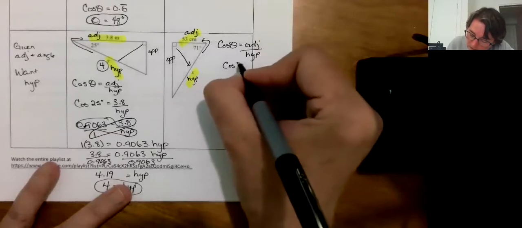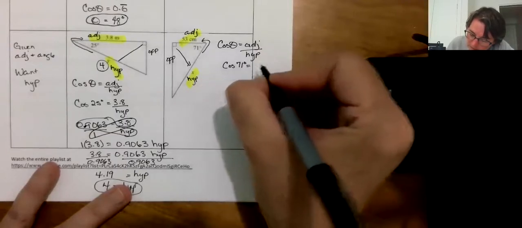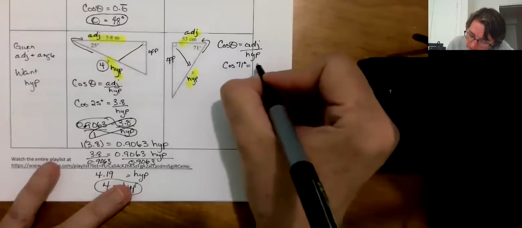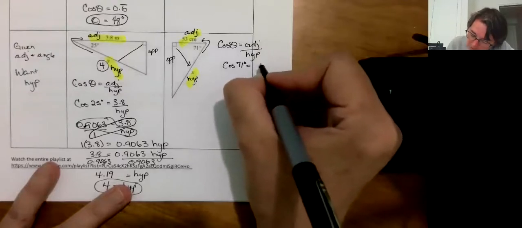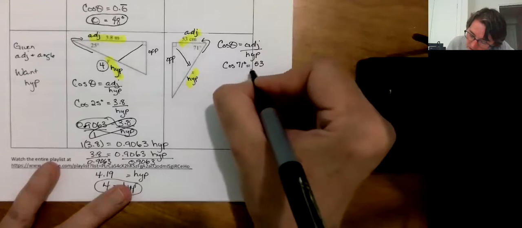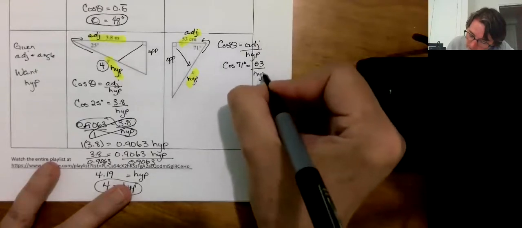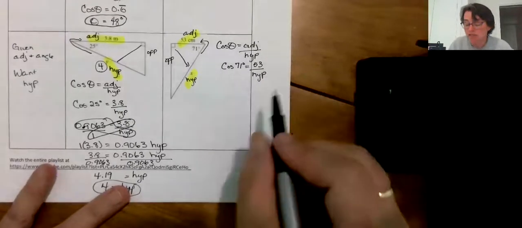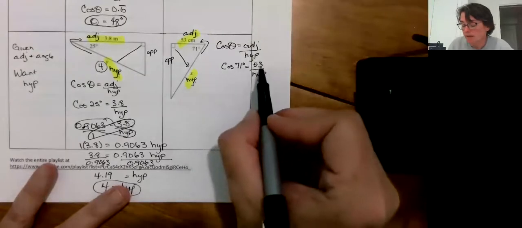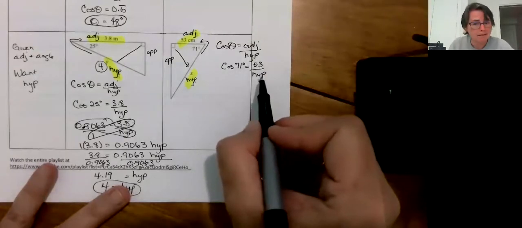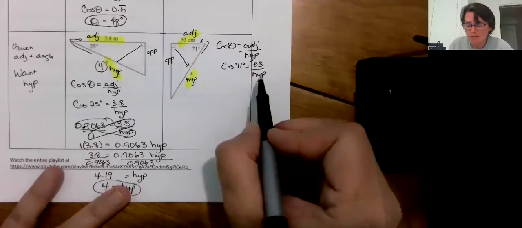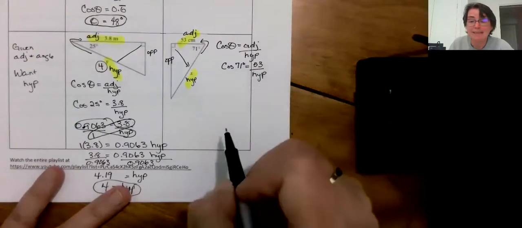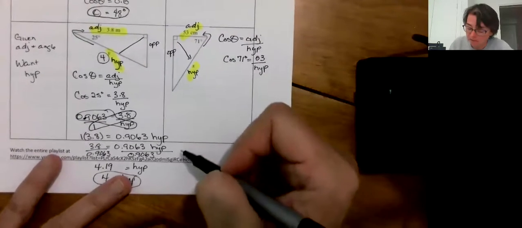Cos 71 degrees is adjacent, which I don't know. Adjacent, yes I do, it's 53 over hypotenuse. Now, if you ever get a question where you have a number here, and a number here, and a number here, you might check that. Remember, you always got 2 out of 3 that you know, and 1 unknown.